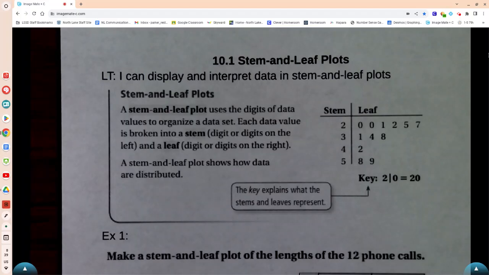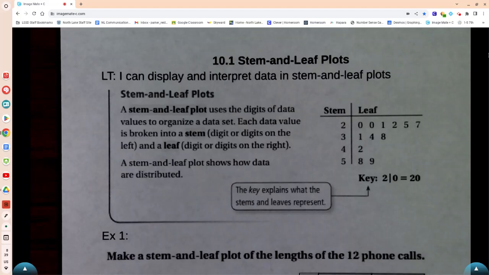It will make sense. So here where it says stem of 2, that means every single number over here is the ones digit in a number that starts with a 2. So 20, 20, 21, 22, 25, 27. So we're basically saying, oh, all these numbers start with a 2. So I'm going to put the 2 over here and just put the number that follows it all over on this side.